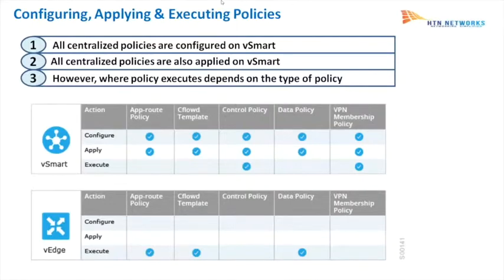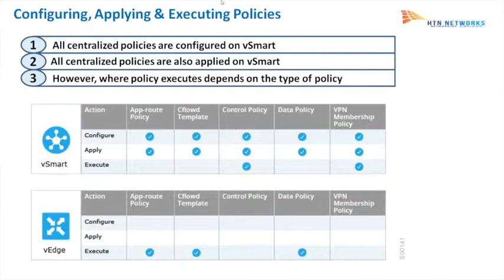There are different types of policies: app route policy, flow policy, control policy, data policy, VPN policy. We will look into these types of policies in the upcoming slides, but for now, just see that all these policies you configure on the vSmart controller. You also apply these policies on the vSmart controller.